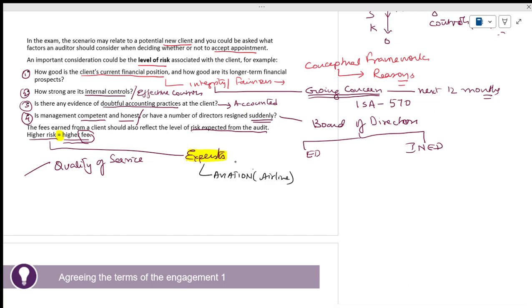The auditor has the right to take the services of experts to conduct the audit. Is it clear? Yes.